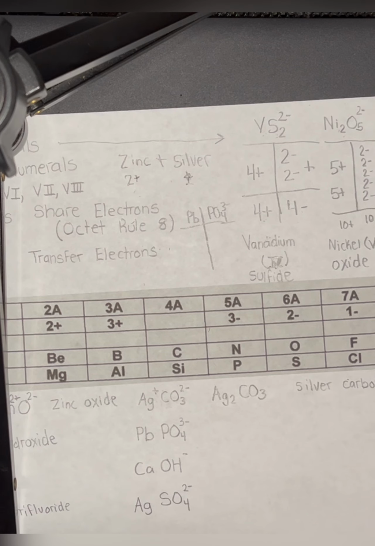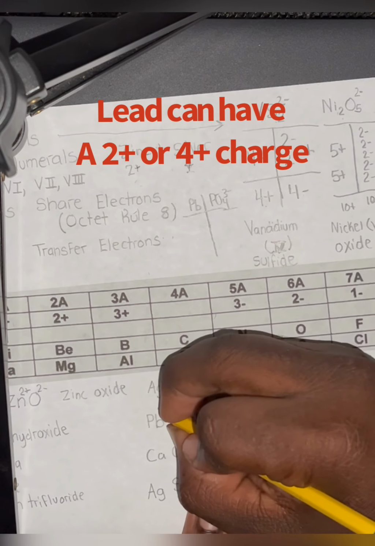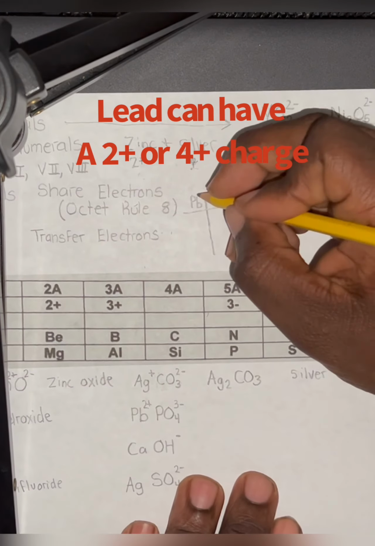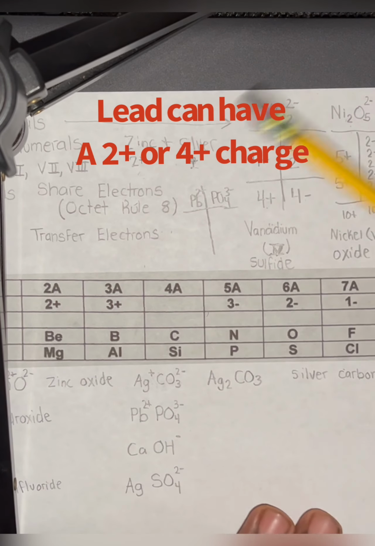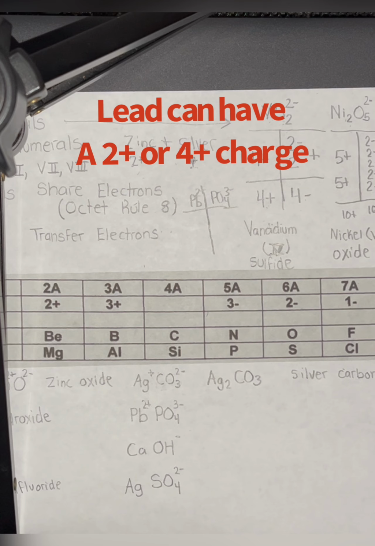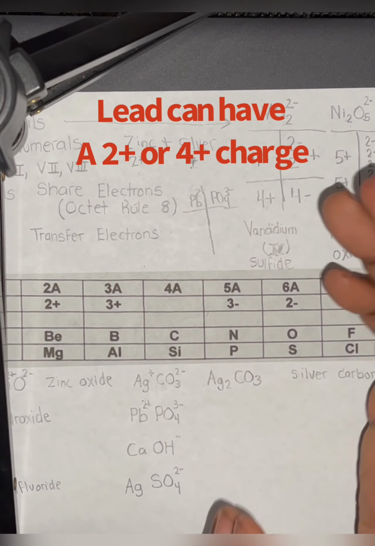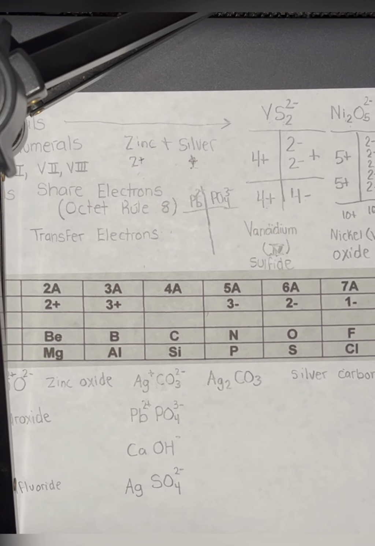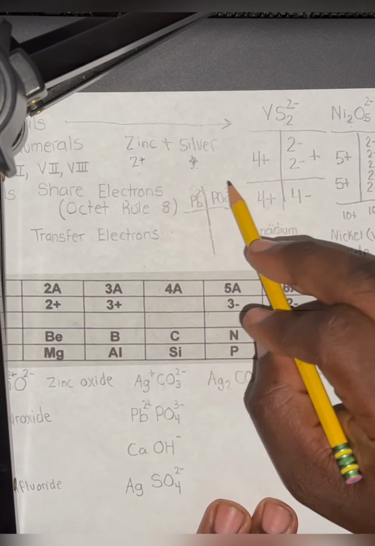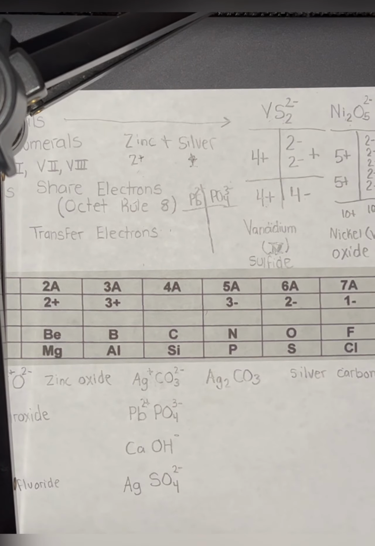So for this one, this Pb is gonna have a 2 plus charge. So if I know this Pb has a 2 plus charge and 3 minus, I need to figure out, okay, what's the least common number that both of them have that I can get to make them even?